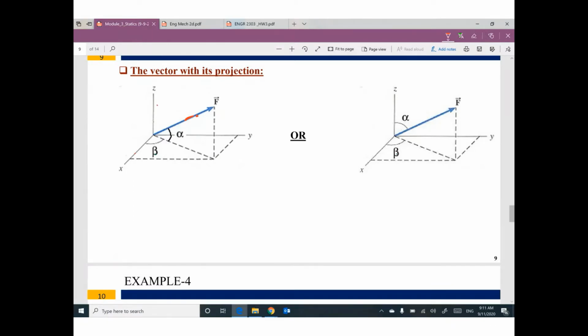We have a line here, this line called projection line. Projection line is a line in xy plane.